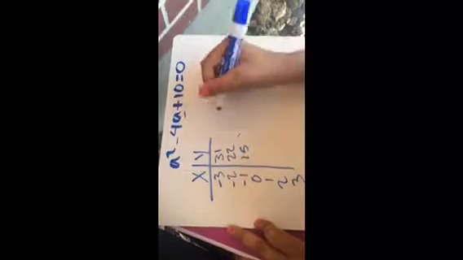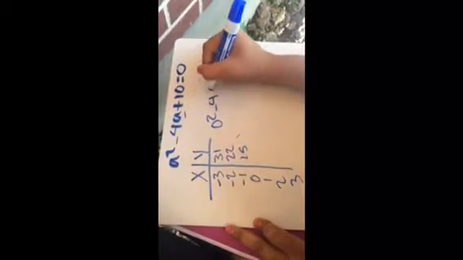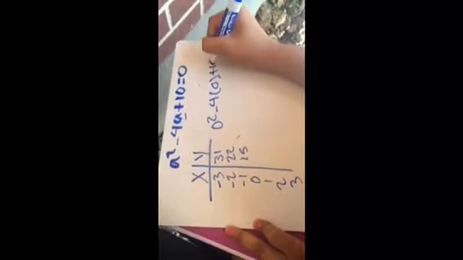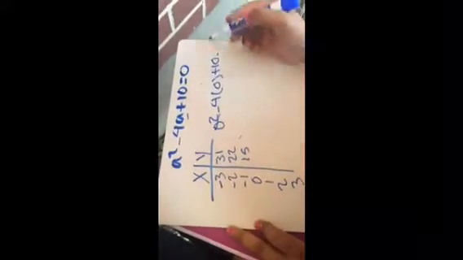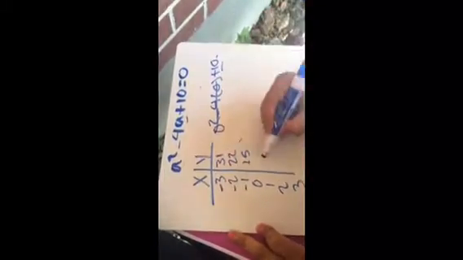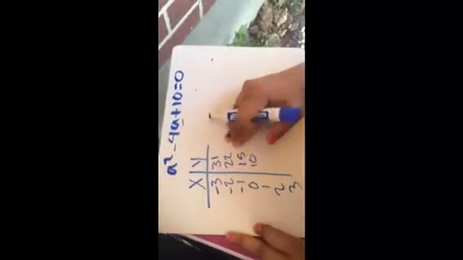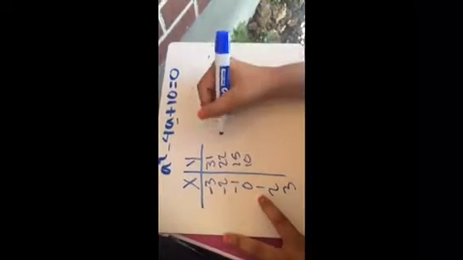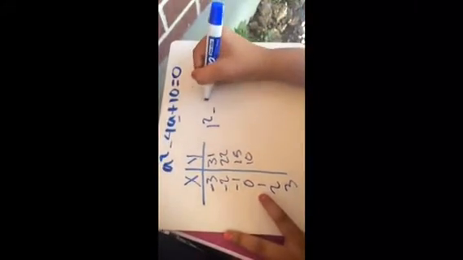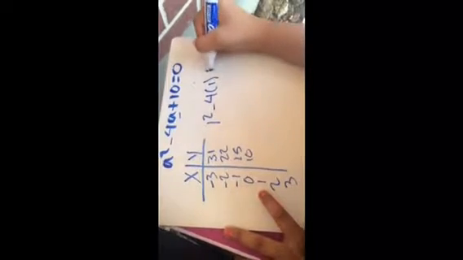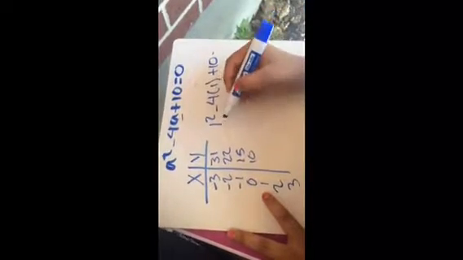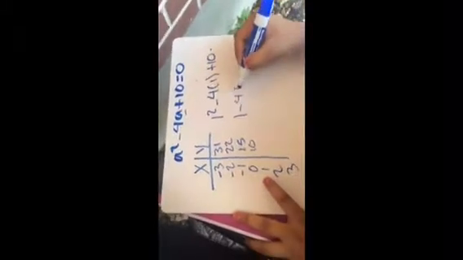And now we have to plug in our 0. This one would be pretty easy. That cancels out and that cancels out, so we're just left with our 10. And then we have to plug in our 1, so 1 squared minus 4 times 1 plus 10. 1 times 1 equals 1, negative 4 times 1 equals negative 4 plus 10.